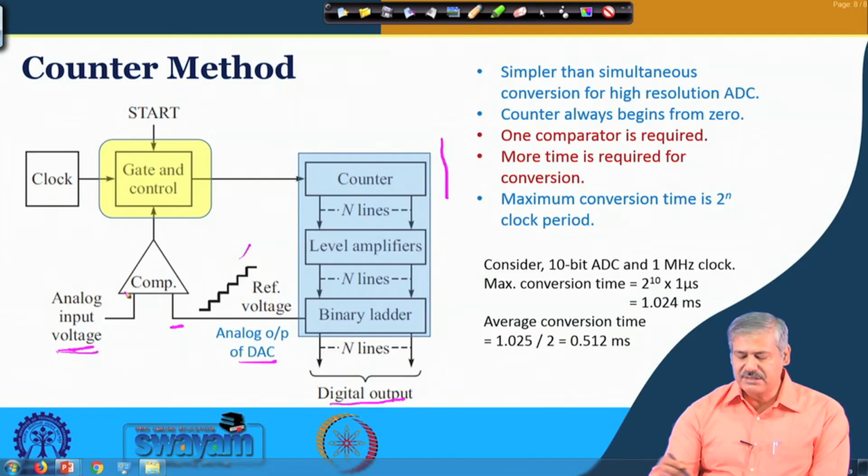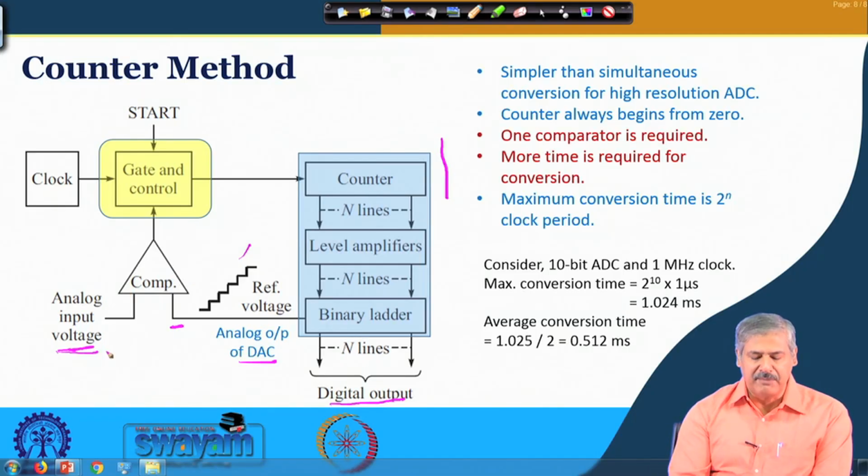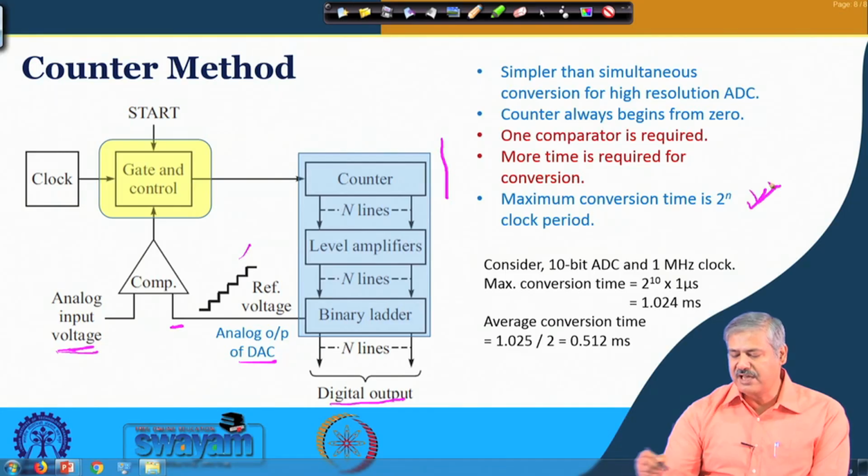In this case, if the analog voltage is more, the number is more, and if you have n bits, you have to use all the bits, so it will go up to 2 to the power n count. So, the maximum conversion time can be up to 2 to the power n clock cycles.